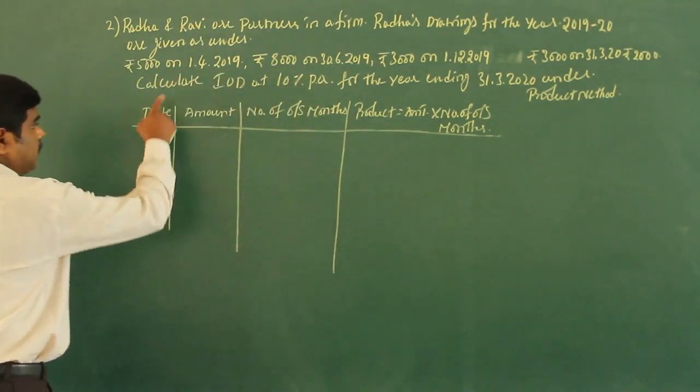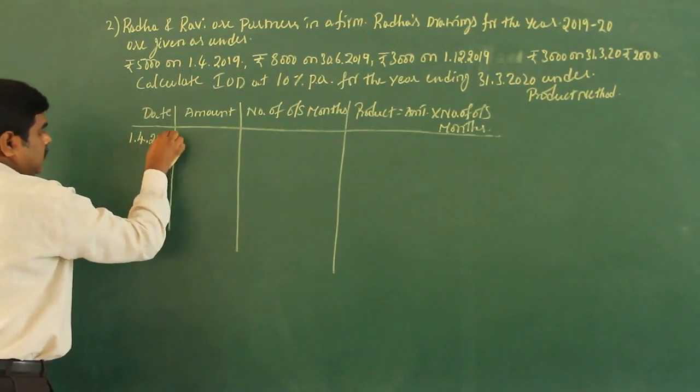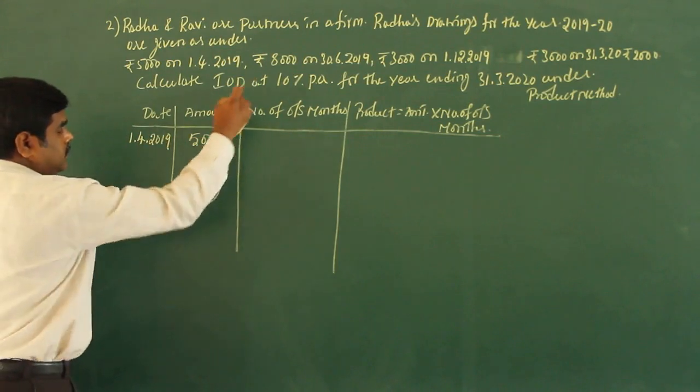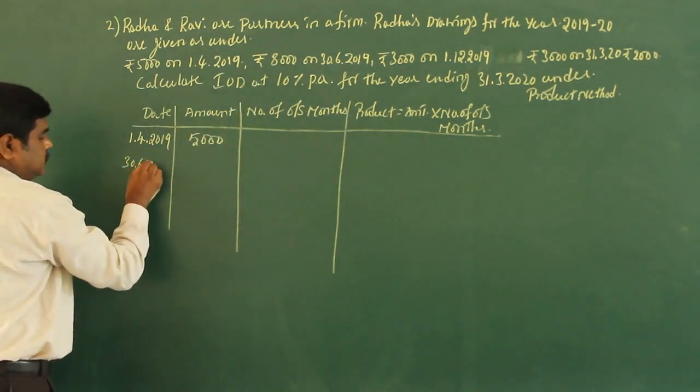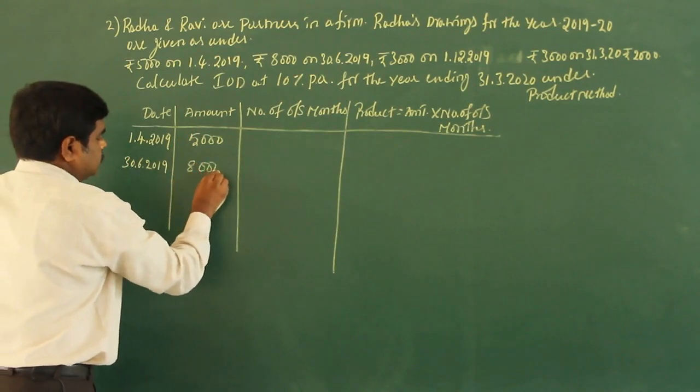First you write the date: first date 1/4/2019, and amount is rupees 5,000. Next date is 30th 6 2019, rupees 8,000.